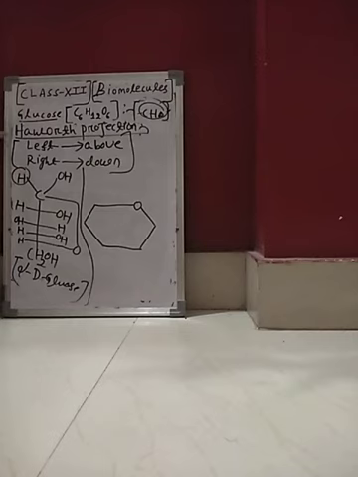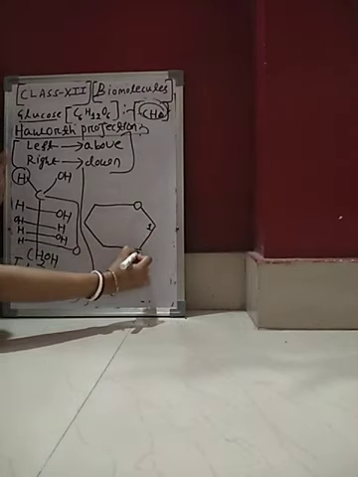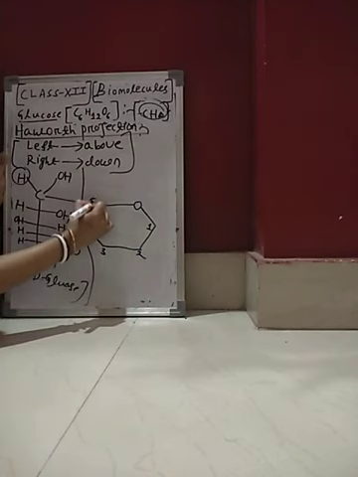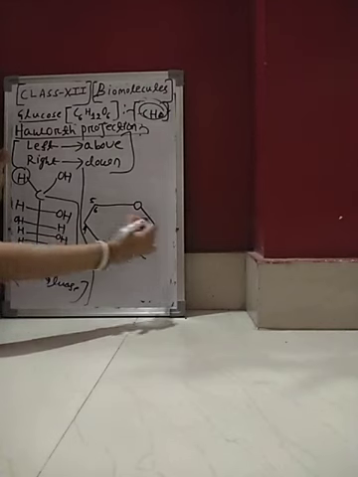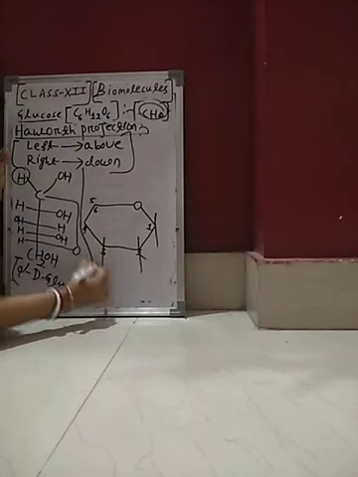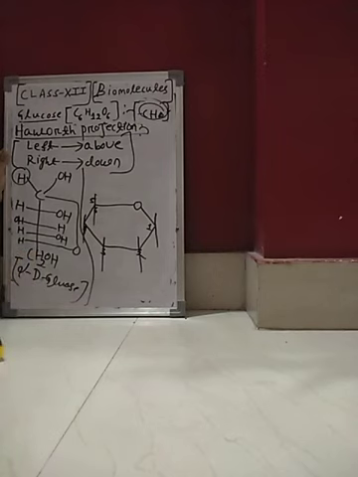What I have told here: on the left, atoms will be present above, and on the right, atoms will be present down. So this is carbon number 1, this is 2, this is 3, this is 4, this is 5, and this is 6, clear?